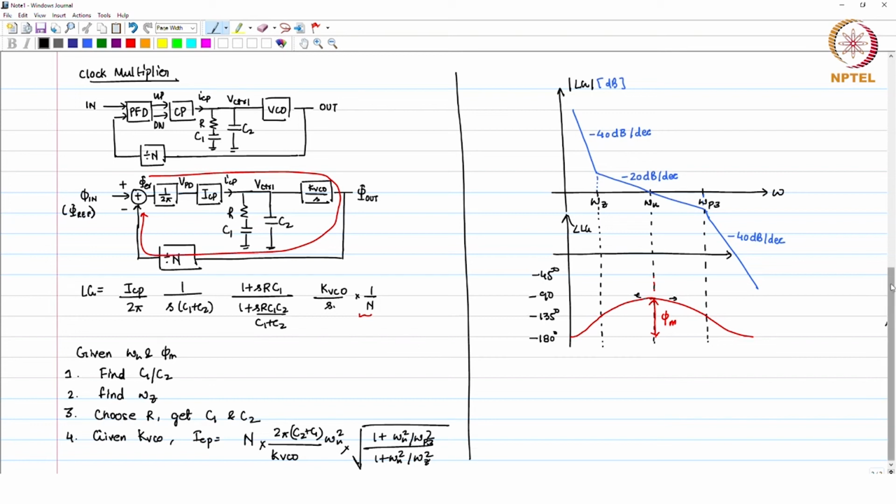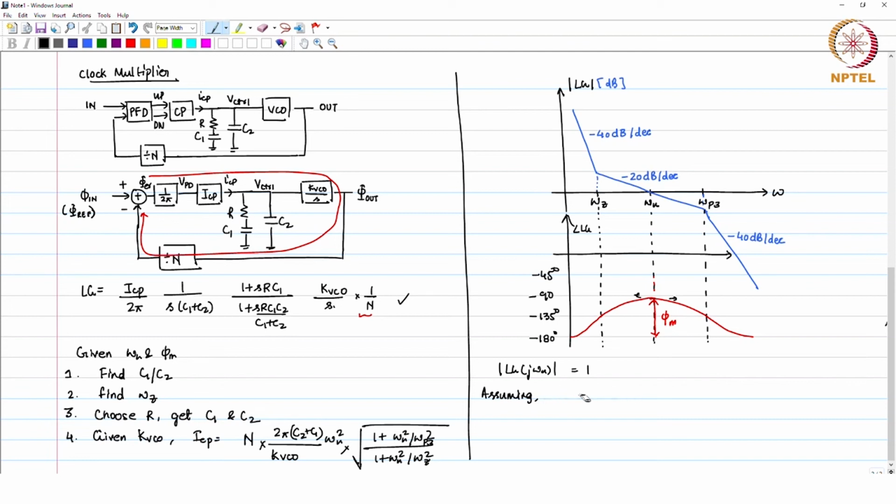Now, just a simple calculation with the phase margin as calculated from this expression. What I want is the magnitude of loop gain at j omega u equal to 1. This is, by the way, an approximation which I am going to do, assuming that omega u is much greater than omega z and much lesser than omega p3.